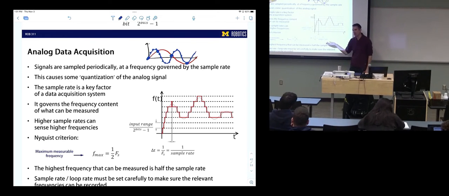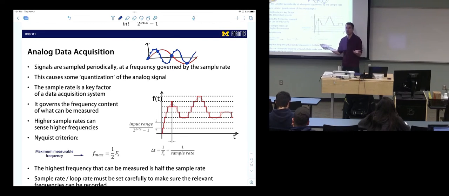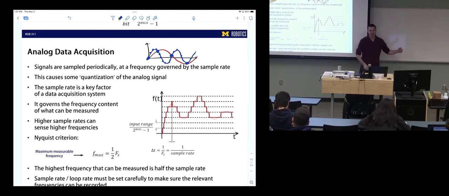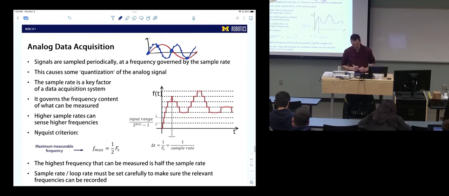If you sample the blue line at too low a frequency, what you'll reconstruct is the red line. You'll get points that look like a sine wave of a lower frequency. That's aliasing. The Nyquist criterion is really important. You guys know it.